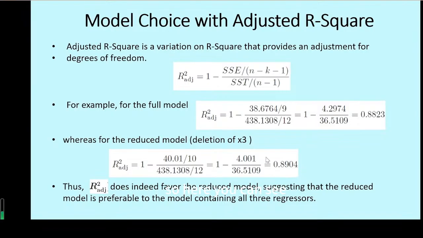So you can see fewer variables in the model gave a higher adjusted R-square. Adjusted R-square favors the reduced model, suggesting that the reduced model is preferable to the model containing all 3 regressors. So if we want to compare models using R-square, it's better to use adjusted R-square.